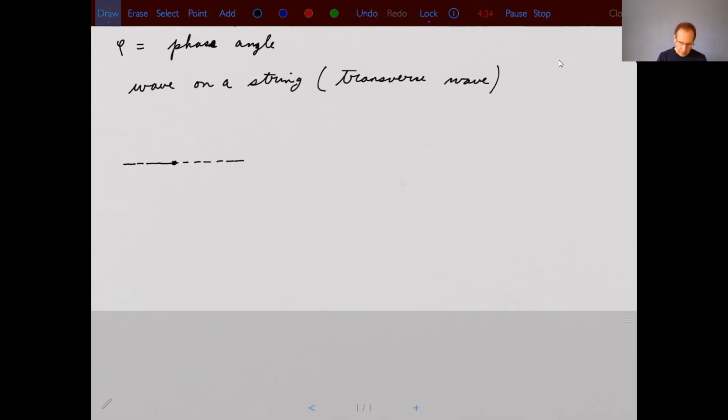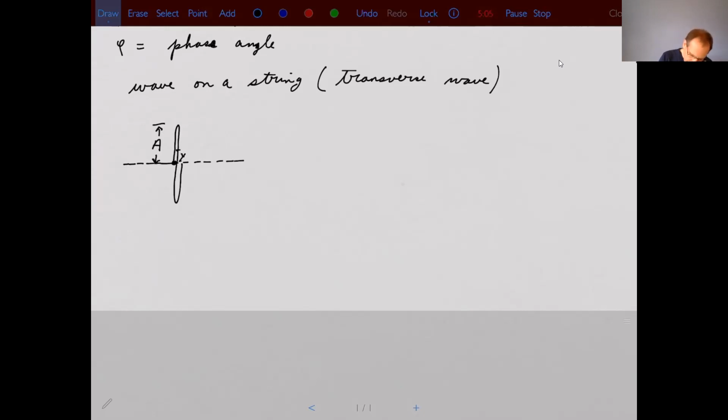It's going to be oscillating up and down. This distance from the equilibrium position to the highest or lowest point is called the amplitude. Any position from the equilibrium position is our y value.